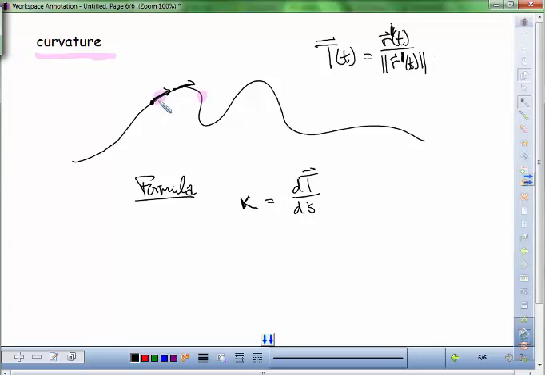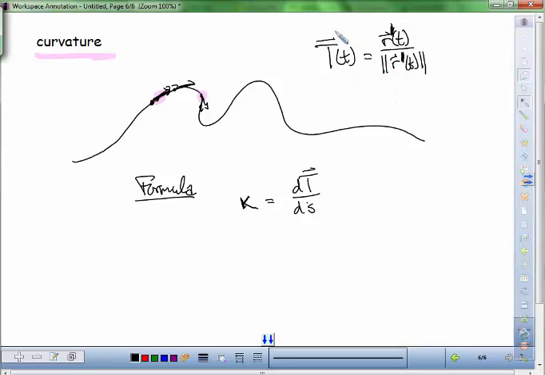If I move around that first point and find the unit tangent vectors near that point, they're going to be fairly straight and not changing much, right? But if I go over here and take two unit tangent vectors that are close to each other, there is going to be a big difference in their directions.